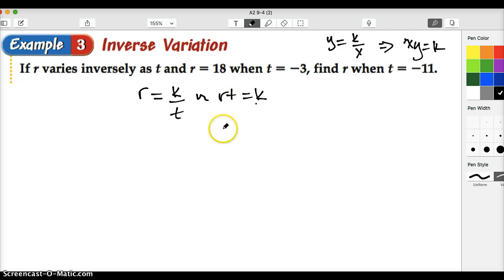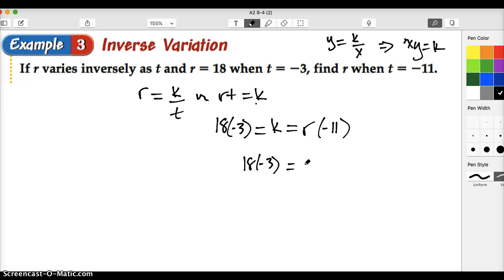I want us to take the known R and T, that's 18 times that negative 3, recognize that it is equal to K, but also this t equaling negative 11 and this mysterious r is also going to multiply to give me k. Why do I need to find k when I really want to find r? So I won't. What I'll do is say 18 times negative 3 is equal to negative 11r, and I'm going to solve this equation instead.